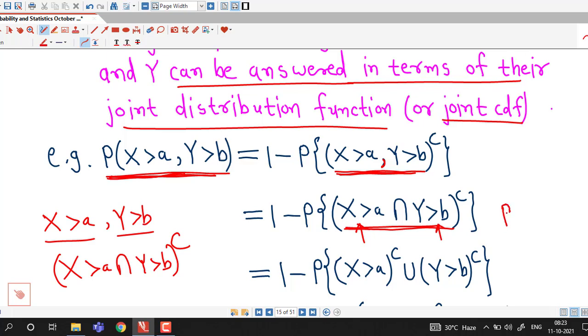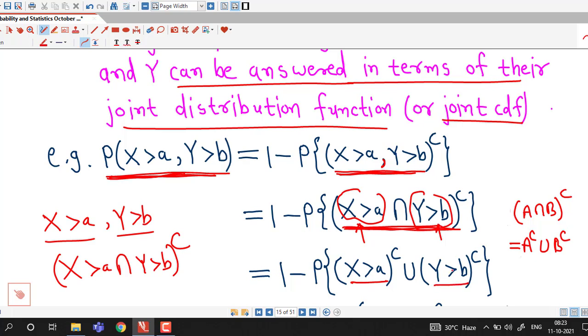We know that the complement of A intersection B will be equal to A complement union B complement. So that we are using here. Here event A is X greater than a, and event B is Y greater than b. So this is equal to the complement of X greater than a union the complement of Y greater than b.